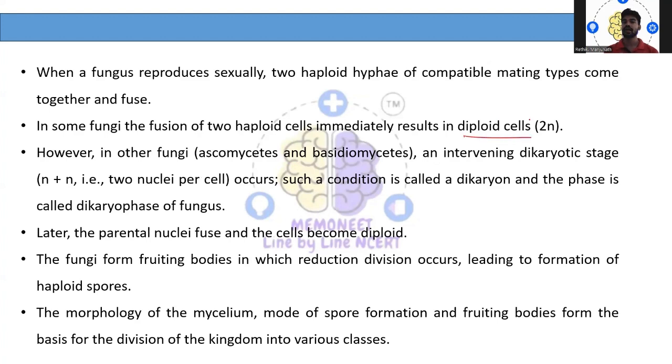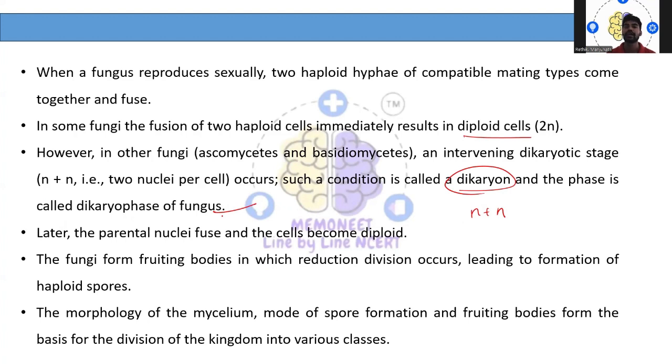In other fungi, you are going to see an intervening dikaryotic stage: the two haploid cells fuse together, with two nuclei per cell. In one cell you will see two nuclei. Such a condition is called a dikaryon, and the phase is called the dikaryophase of the fungi.